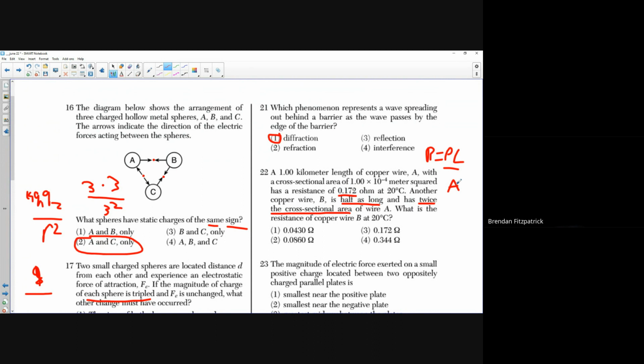So doubling that divides that number again by a factor of 2. So really the resistance is decreasing by a factor of 4. So 0.172 divided by 4 gets me 0.043. Choice 1. So I could have figured out how those values change individually, like the length and the area, and then substituted that in. That would be more work though. So I just thought about the proportions happening in the equation.